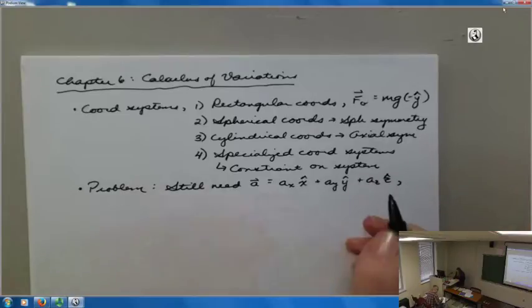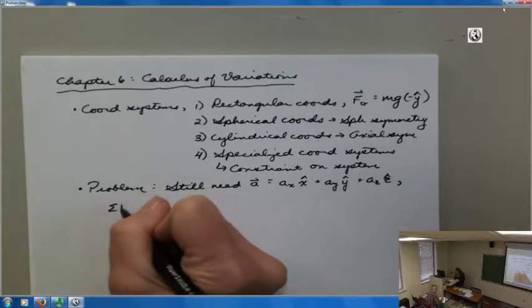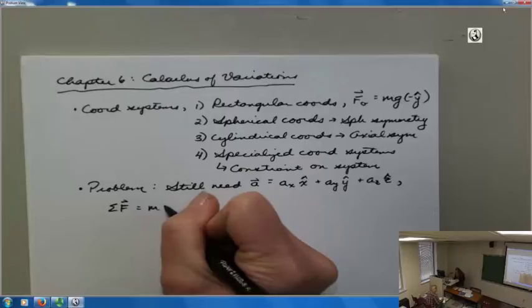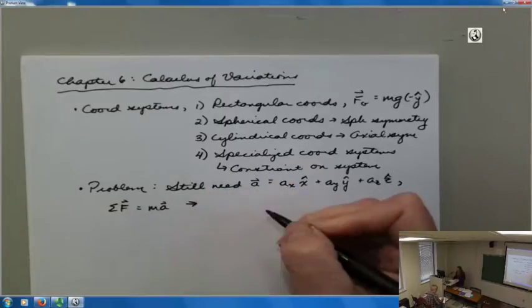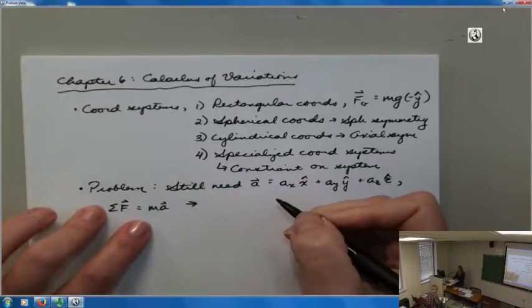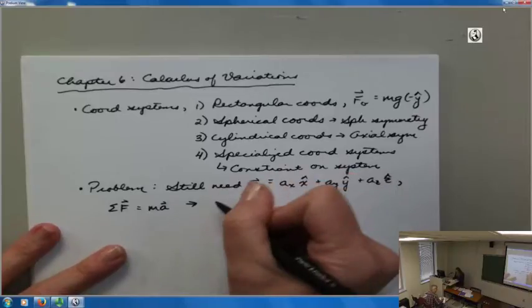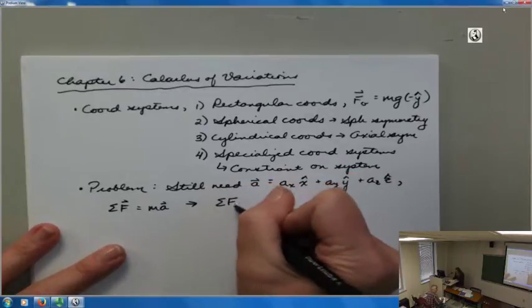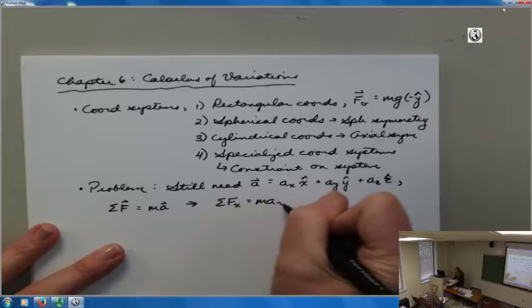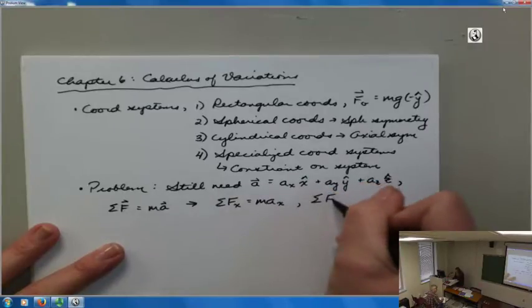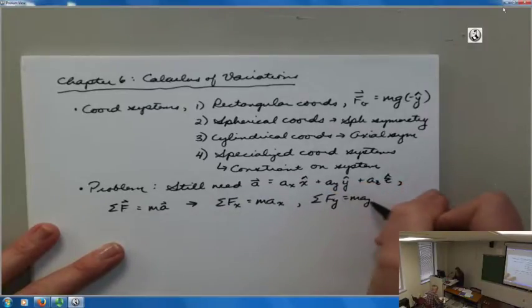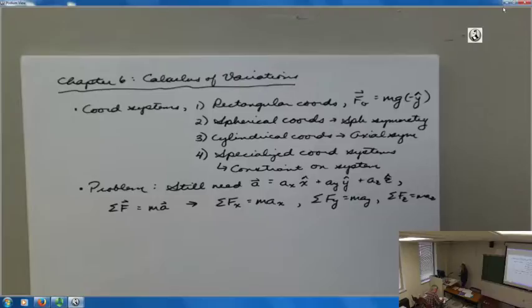Because we still have this statement of Newton's second law, that force equals mass times acceleration, which, in order for two vectors to be equal, we express as the sum of all x components of forces is mass times ax, the sum of all y components of forces is mass times ay, the sum of all z components of forces is mass times az. Ultimately, Newton's second law has to be expressed in that rectangular coordinate system.